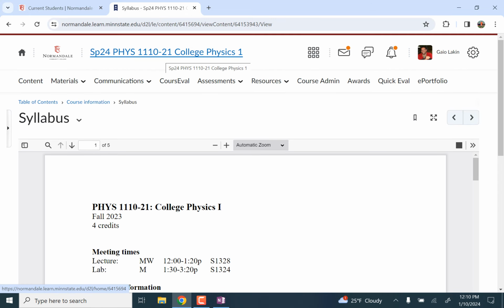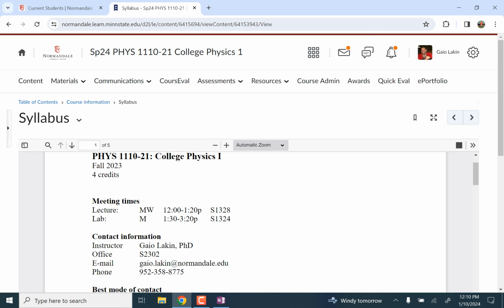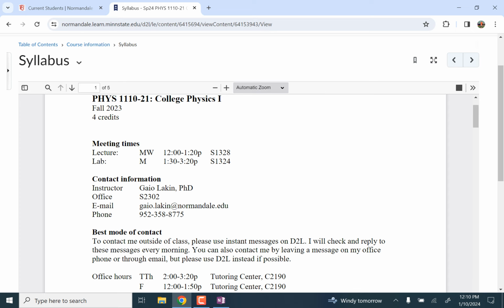So half of you are in section 21, half of you are in 22. So if you're in 21, it says your lab is on Mondays from 1:30 to 3:20. If you're in section 22, it would be Wednesdays from 1:30 to 3:20.